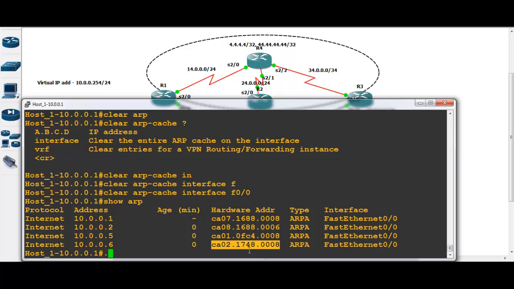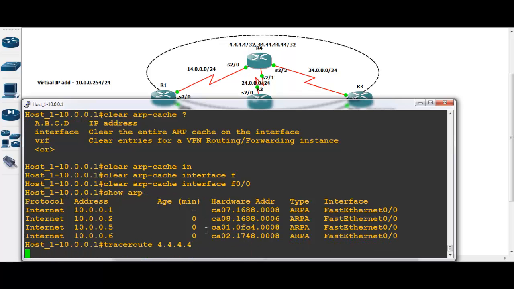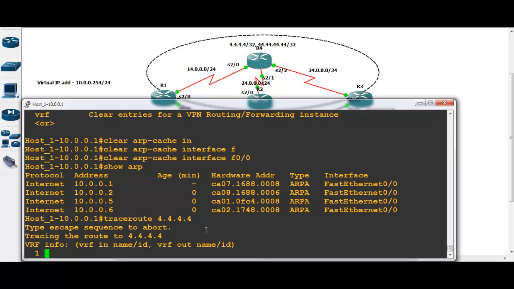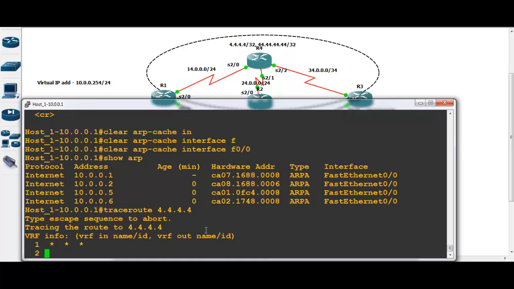We don't have that VRRP address. Tracing route now will not be possible. See, there is no one responding now. It will never learn the MAC address because there is no router R1 or R2 or R3 going to respond for that floating address.